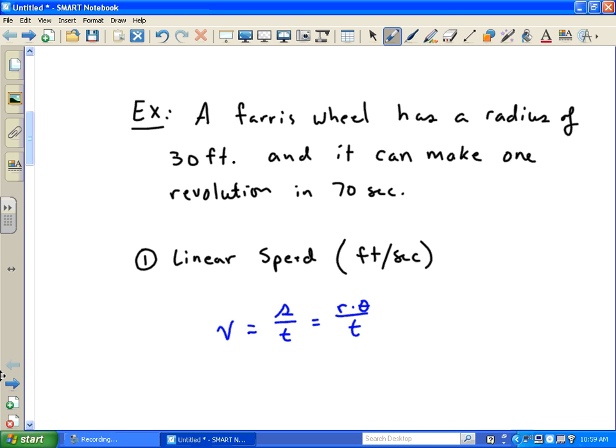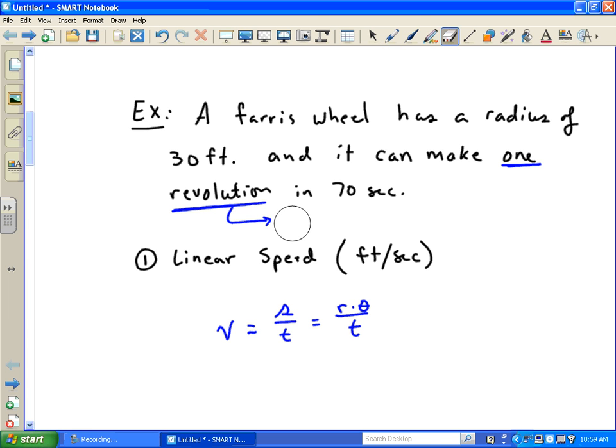They've given us a radius of R, they've given us a time measure of 70 seconds, they haven't straight up given us a theta measure. Theta needs to be in radians, and I don't see anywhere it says that this is rotating through however many radians. But they actually have given you that information when they say that the Ferris wheel can make one revolution in 70 seconds. One revolution is equivalent to 2 pi radians.